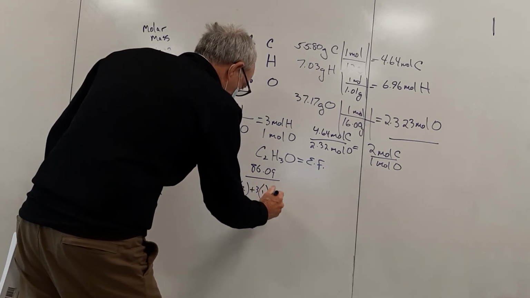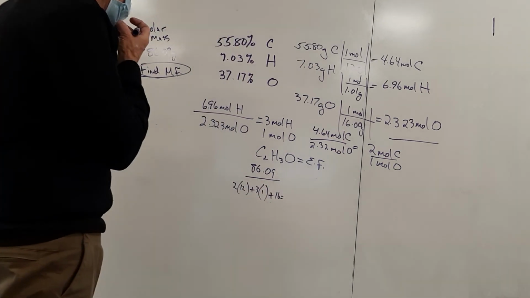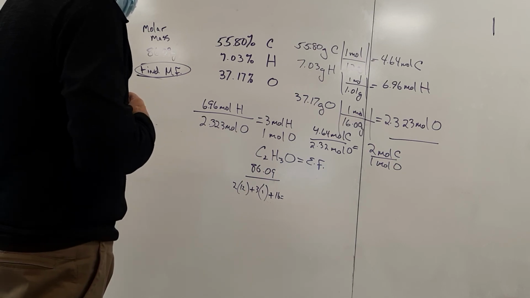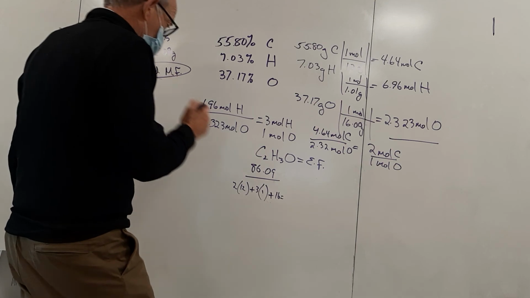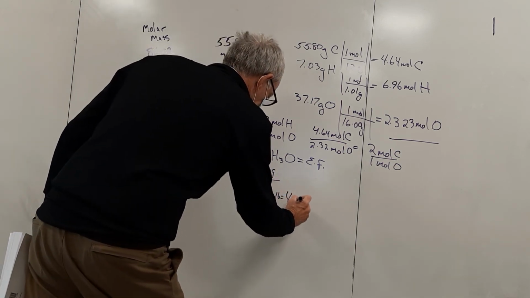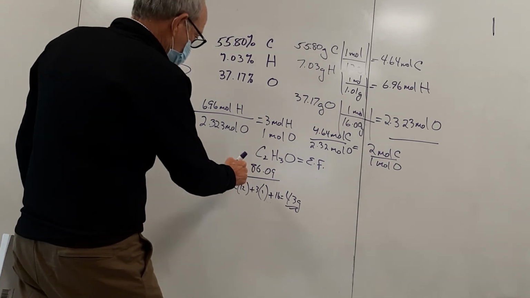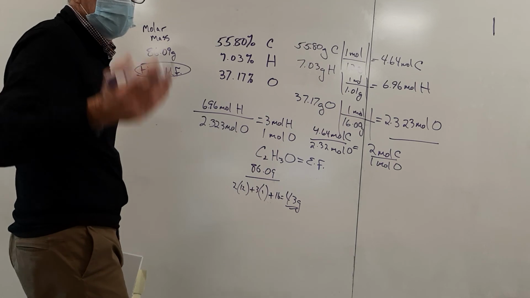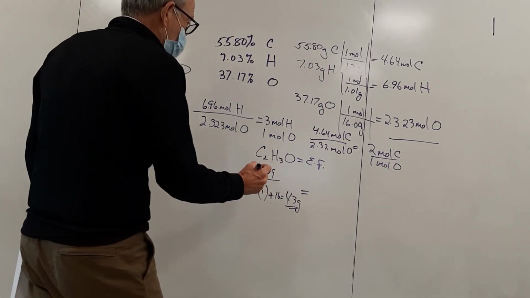Plus 16. That gives me 43 grams. So it's 86.09 divided by 43. That's easy. It's 2 to 1. So I'm going to double my empirical formula.